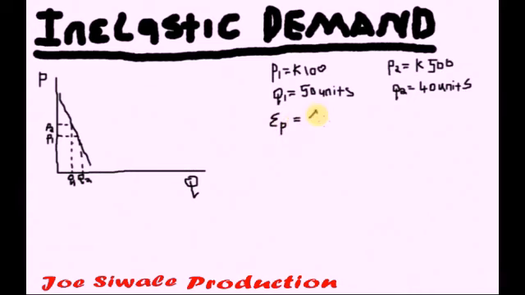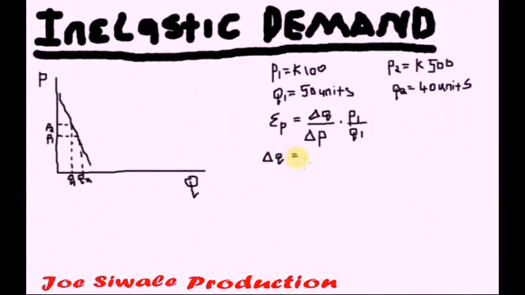We can calculate the price elasticity of this product. So we say EP is equal to change in Q over change in P multiplied by P1 divided by Q1.